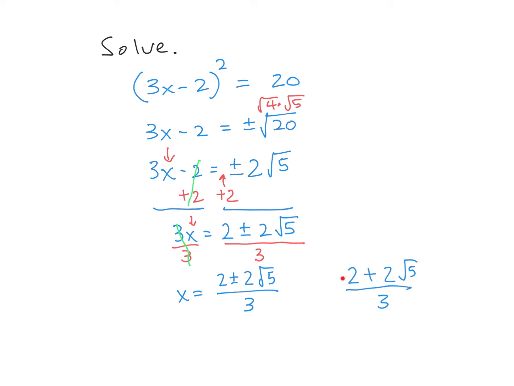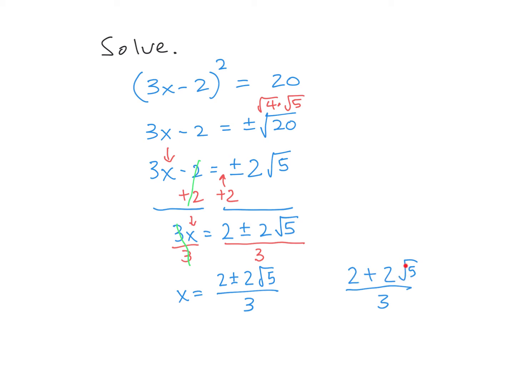This does not simplify because these are, we say, not like radical terms. I can't call this 2 plus 2 equals 4, because order of operations says I'm supposed to do this multiplication before I can do this addition. So this isn't the same as 4 square roots of 5.